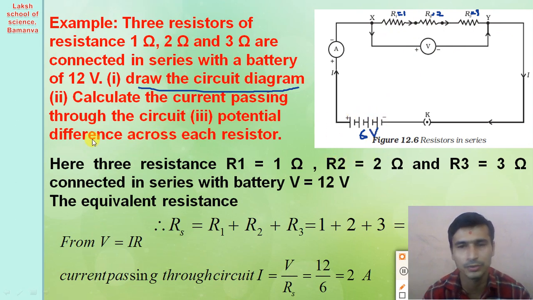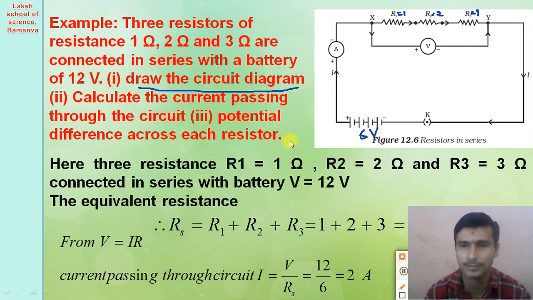Now question number 2 is calculate the electric current passing through the circuit. You know that when resistors are connected in series, the current passing through each resistor is the same. So here we want to calculate the electric current passing through each resistor, or the electric current passing through the circuit. And question number 3 is the potential difference across each resistor.